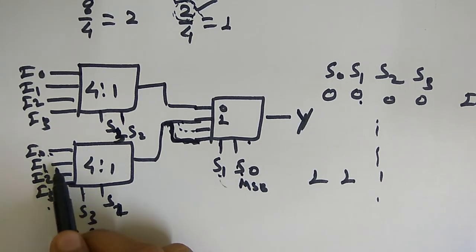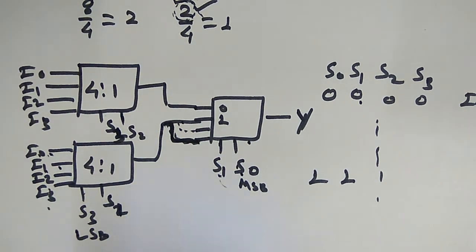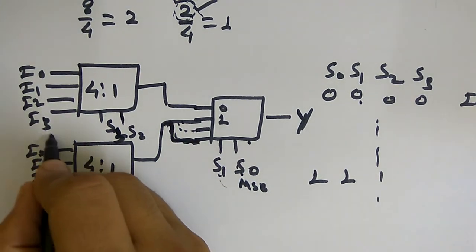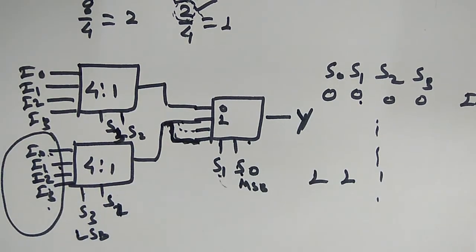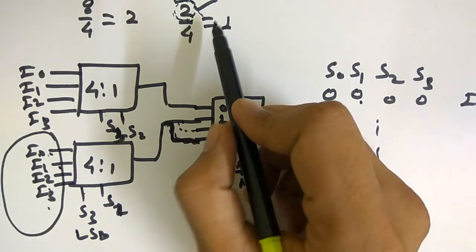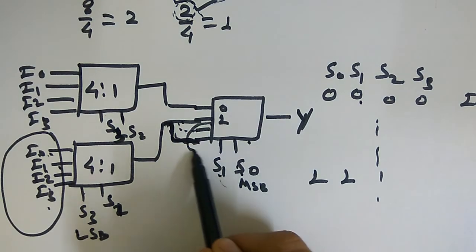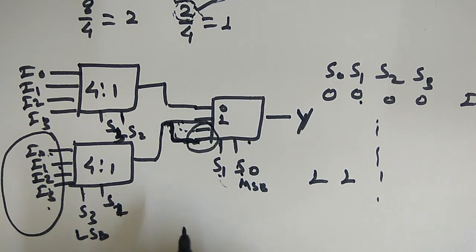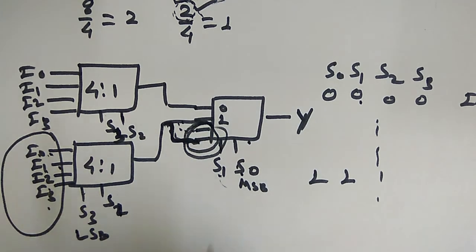When this is 0 1, then this one will get it. So here you can adjust when you have to transfer this input to here. So this is the main motto to teach you that when it is not completely divisible, then these two inputs will remain, and you can configure according to you how you want to use them.